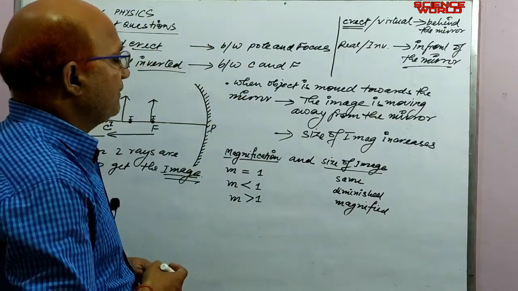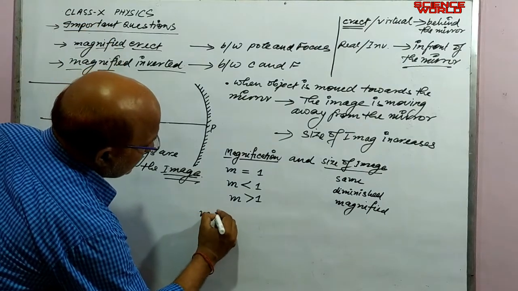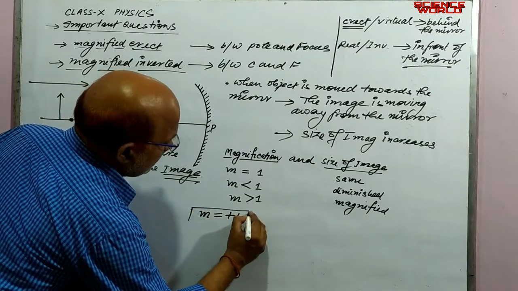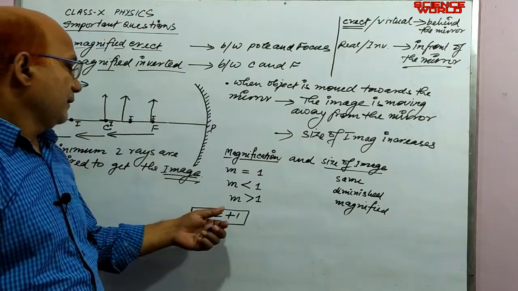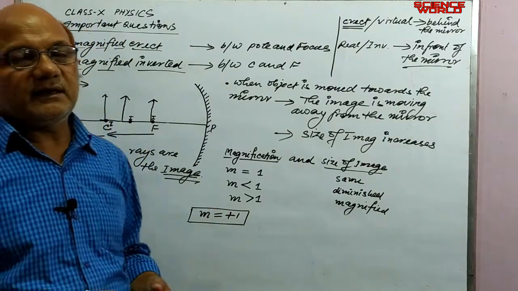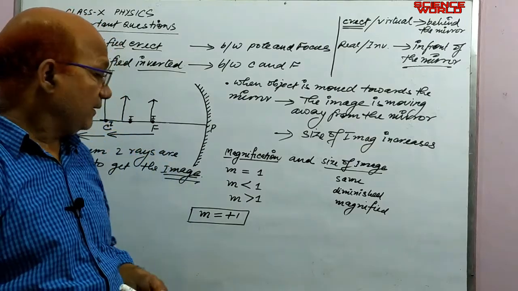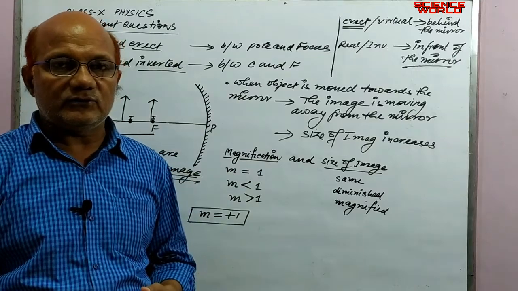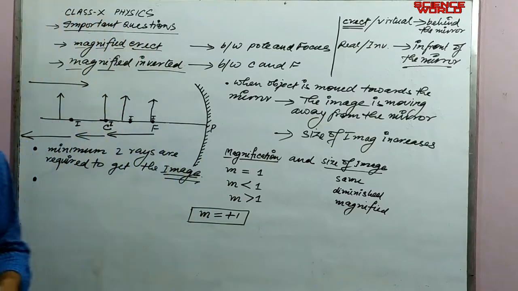When magnification produced is plus 1, suppose, it means it may be plane mirror also, because in plane mirror the size of image is same as size of object, and image in the plane mirror is also behind the mirror. Now, again take a screenshot of it.